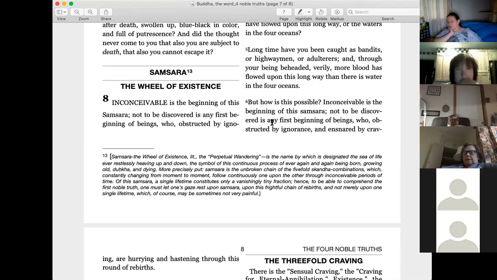Like countless lifetimes to just get slightly ahead of where they were. And so the Buddha wasn't subject to that because he lived outside of that culture.